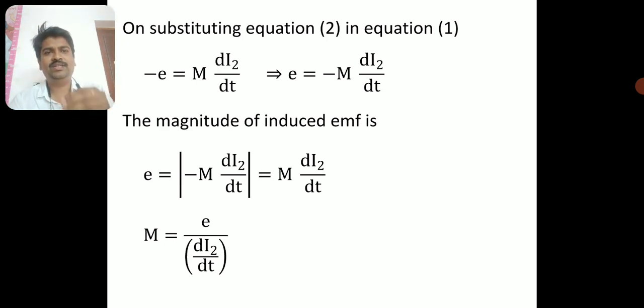From this equation, if I rearrange, I get an equation for the mutual inductance: M is equal to E divided by dI2 by dt. E is the EMF induced in the coil C1. I2 is the current which is flowing in the coil C2.